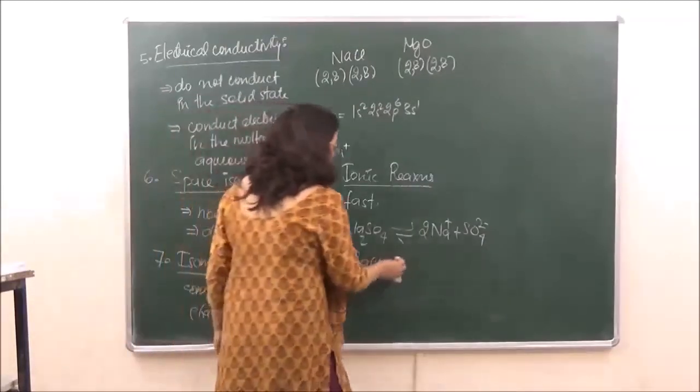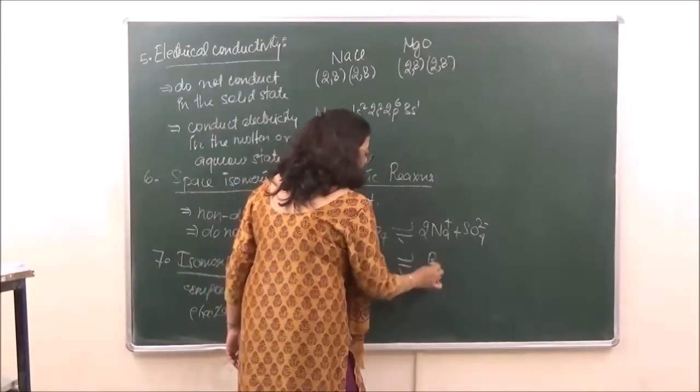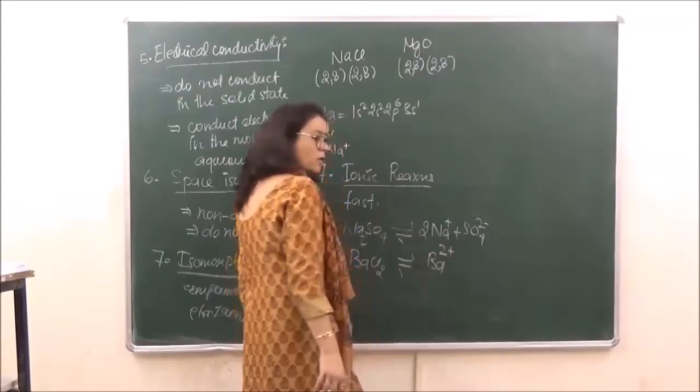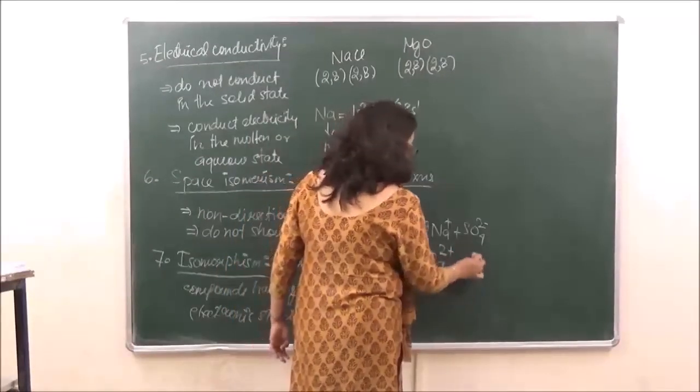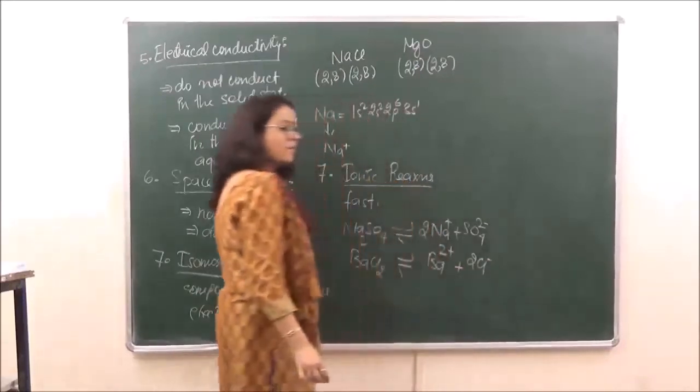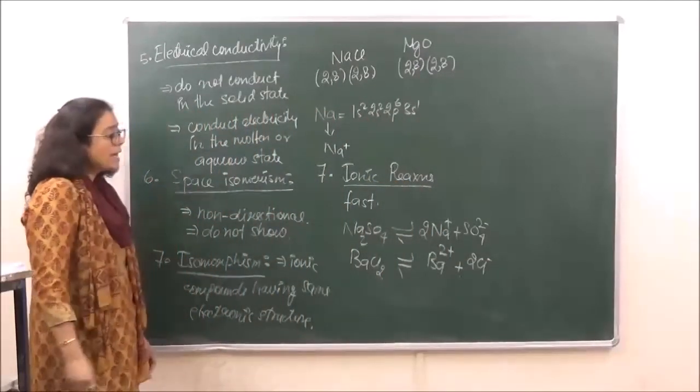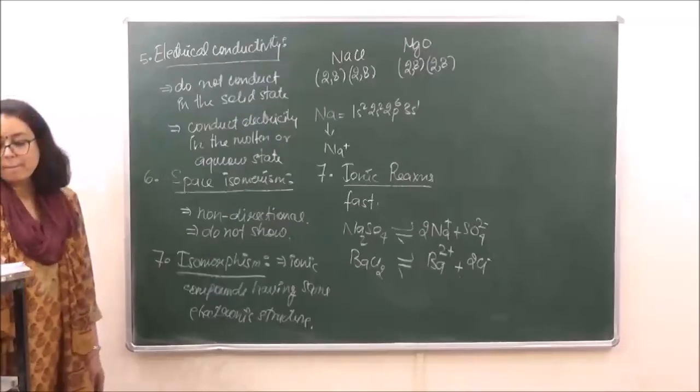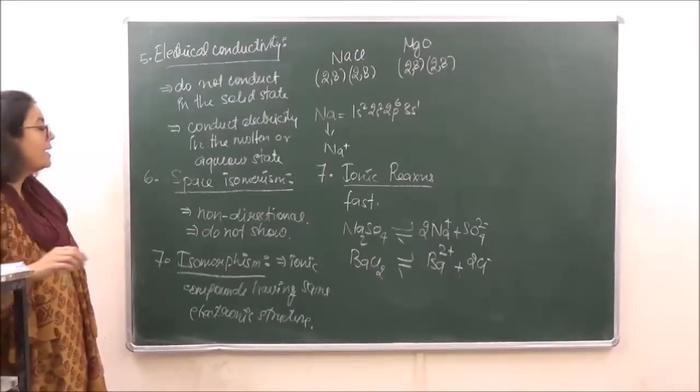Barium chloride is going to give us Ba2 positive plus 2Cl negative.